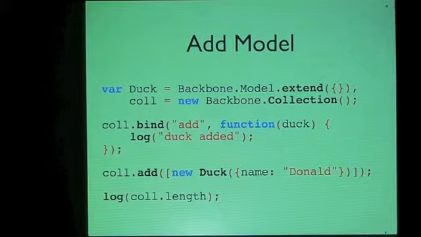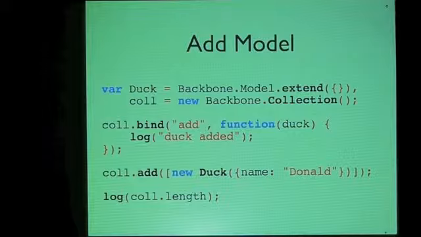So let's add a model to a collection. Here I've got a duck, again, and a collection. A collection has an add event. I'm going to bind to the add event and log duck added.